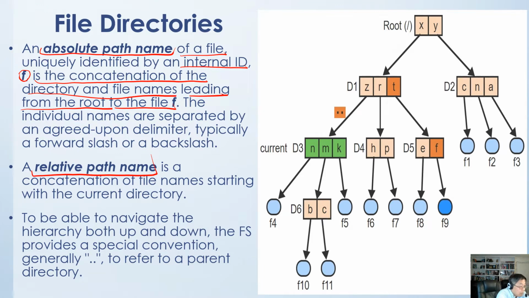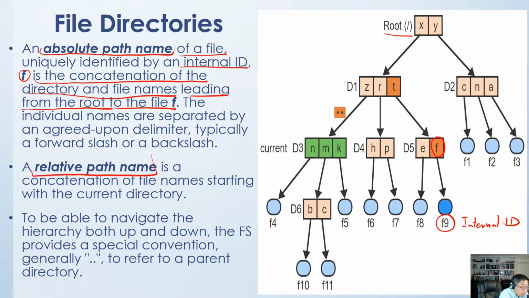Okay, so for example, here's the file, and that's the file name, the ASCII name, and this is represented using the internal ID F9. Now, if we try to access F through absolute path name, you have to start from the root.